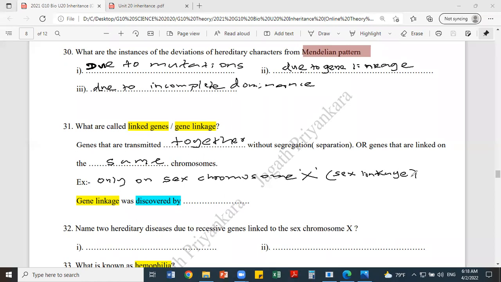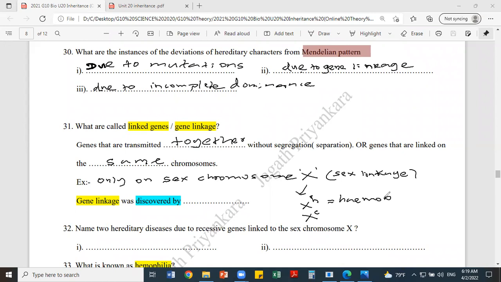I'll give one example: hemophilia, X^h, then X^c, that is red-green color blindness. Because there are two sex chromosomes X and Y, but the hemophilia gene is transmitted only by the sex chromosome X. It is linked only to the sex chromosome X.